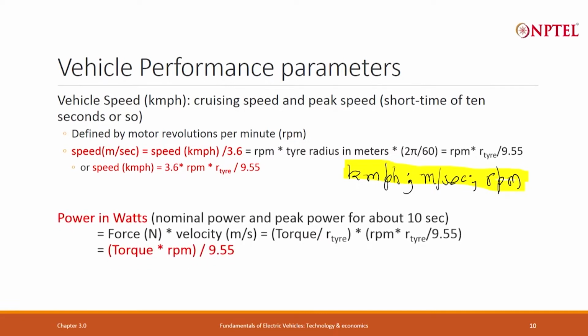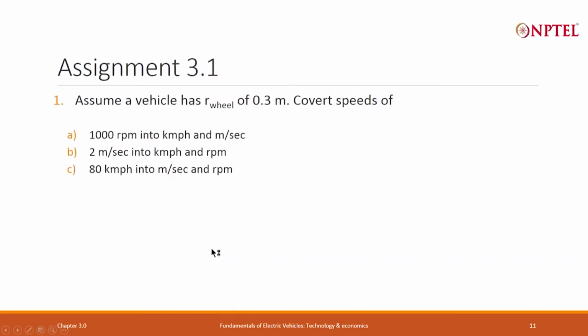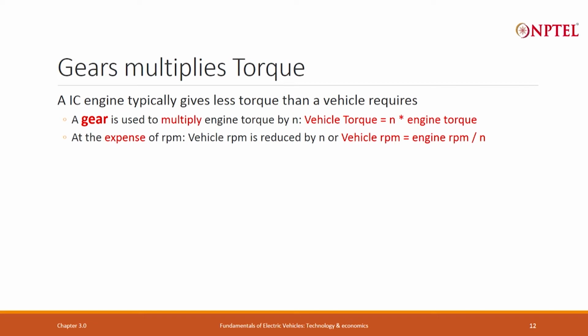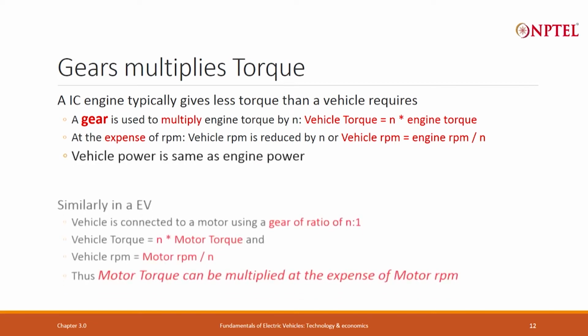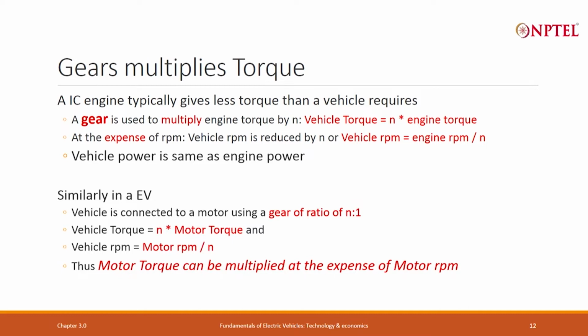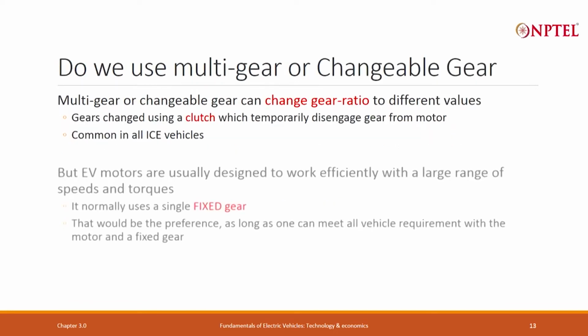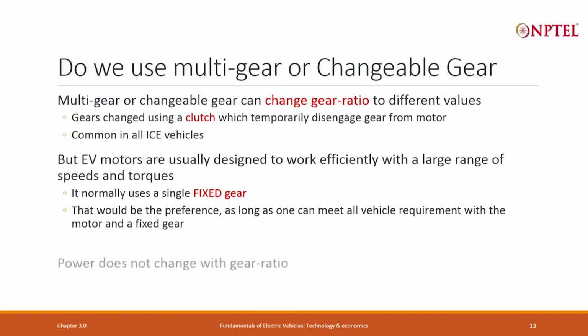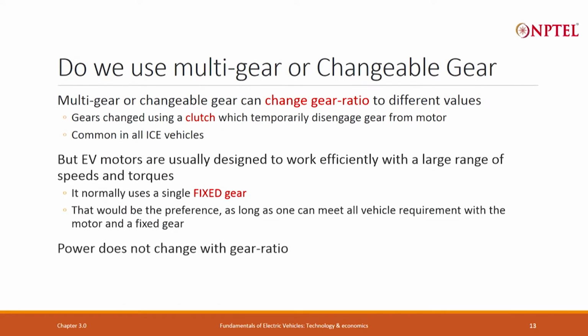And we had even talked about the power being torque into RPM divided by 9.55, an important ratio that we will talk about. So this is where we did the gears, that gears multiply the torque at the expense of the RPM. While multi-stage gears can be used, EVs tend to use a fixed gear.